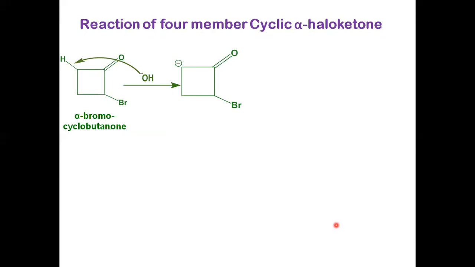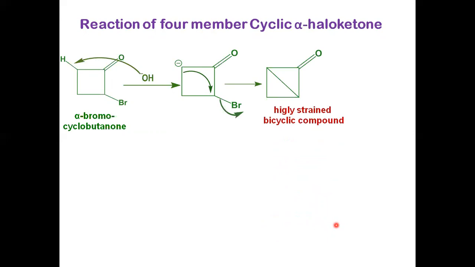When this carbanion attacks another alpha position, a highly strained bicyclic compound will form, and practically the formation of such a highly strained compound is not possible. So there will be no reaction according to the Favorskii rearrangement.